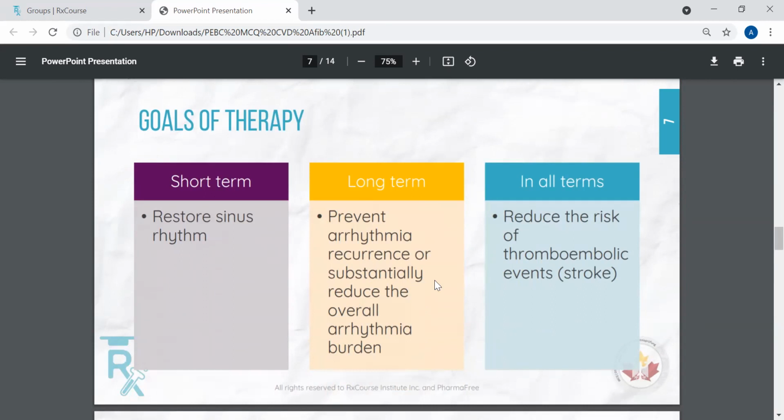The long-term goal is to prevent arrhythmia recurrence, because the patient who develops arrhythmia has a higher chance of redeveloping arrhythmia again, and different types of arrhythmia. In the long term, or in all terms, we also need to reduce the risk of thromboembolic events. Okay, so this is another important point.